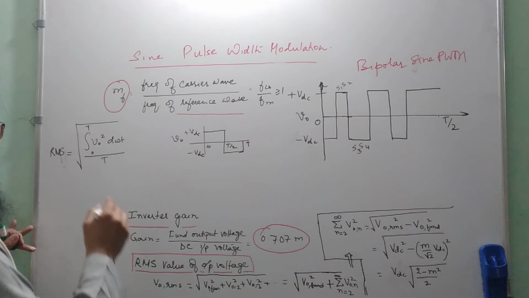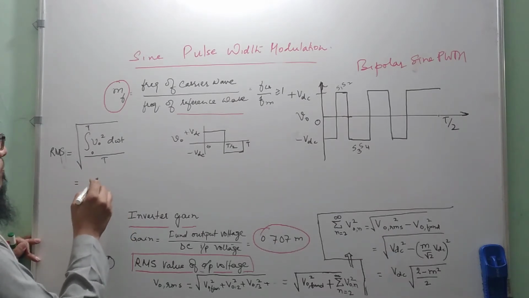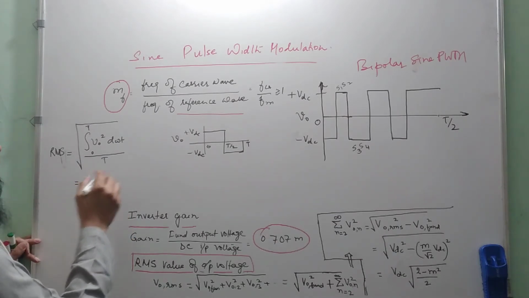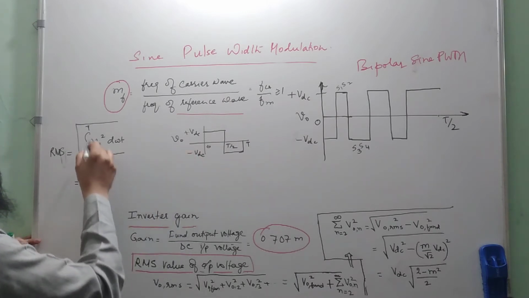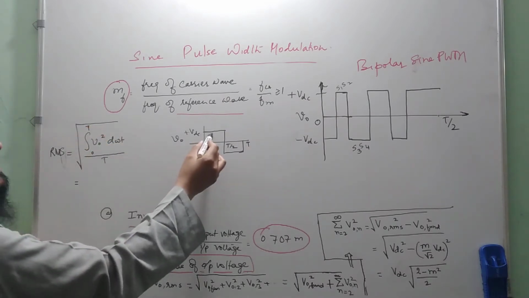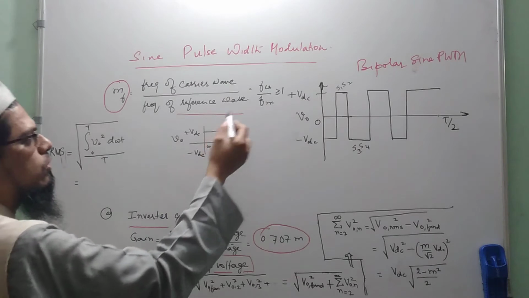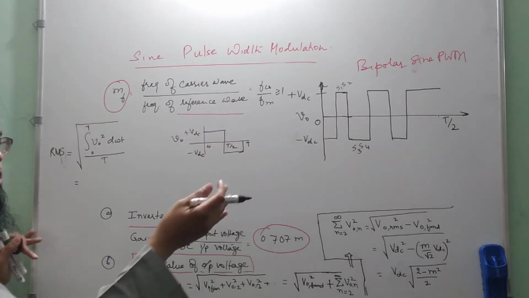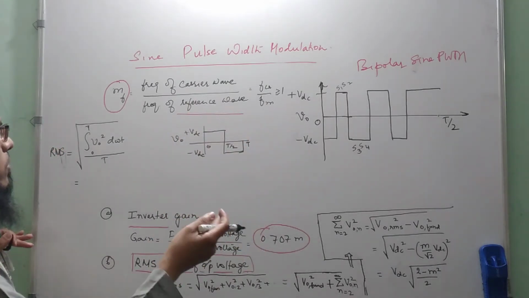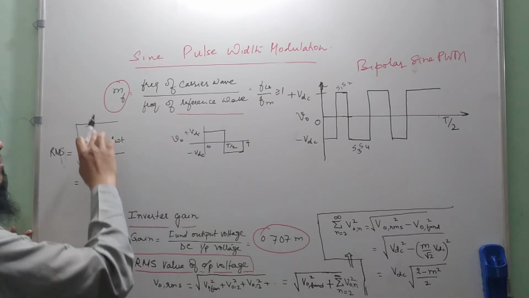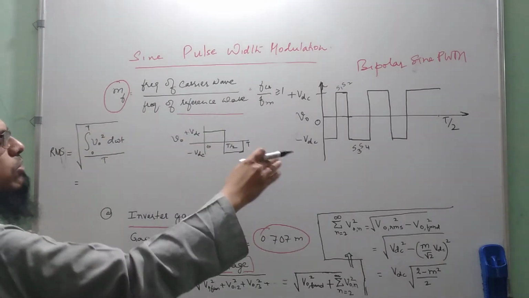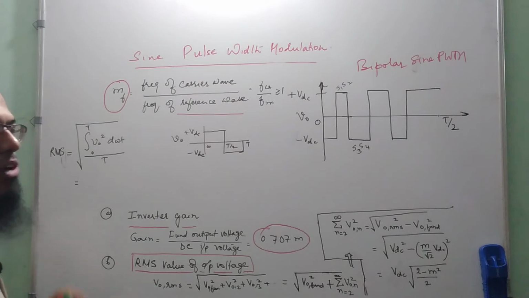Now from 0 to T by 2, it is VDC, and from T by 2 to T it is again minus VDC, but square of that will give you VDC square.